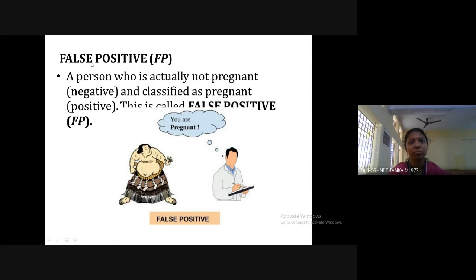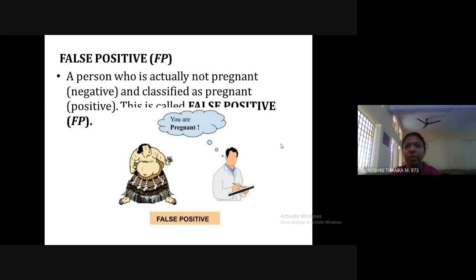And the next one is false positive. What does false positive mean? The model is saying the answer is positive. Positive means, in this case, the person is pregnant, but actually it is false. So the model is giving the output as positive, but it is wrong.